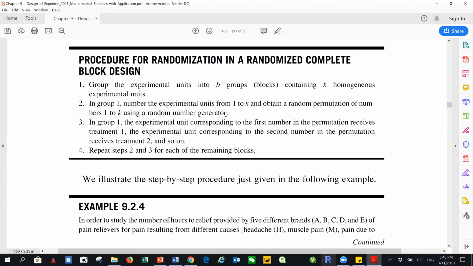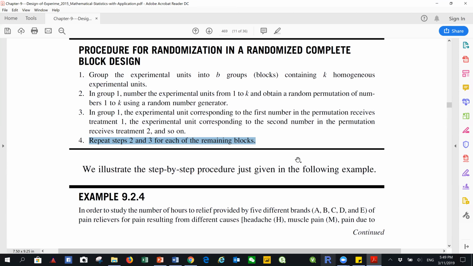Then in group 1, the experimental unit corresponding to the first number of the permutation receives treatment 1, the experimental unit corresponding to the second number in the permutation receives treatment 2, and so on and so forth. Then you repeat steps 2 and 3 for each of the remaining blocks.